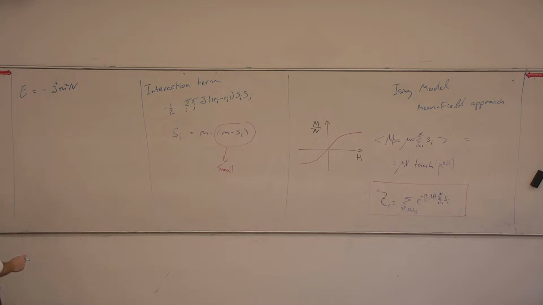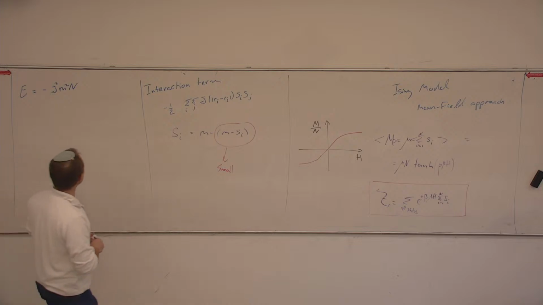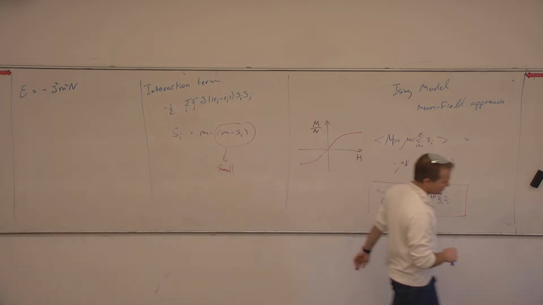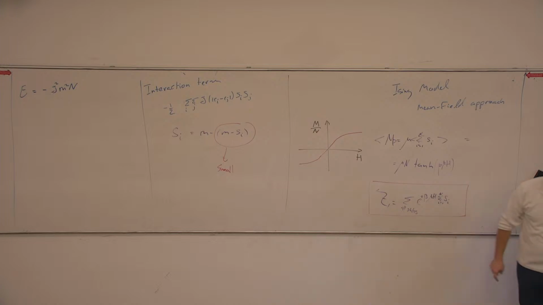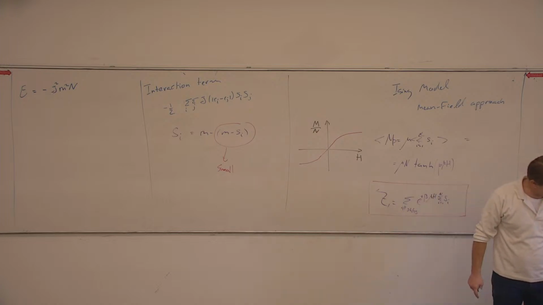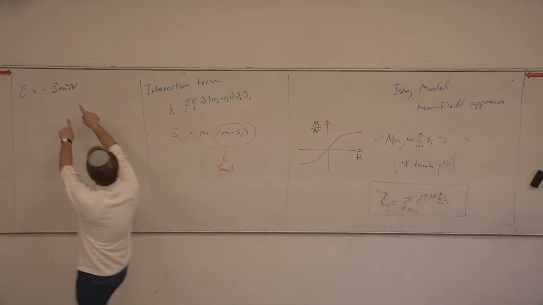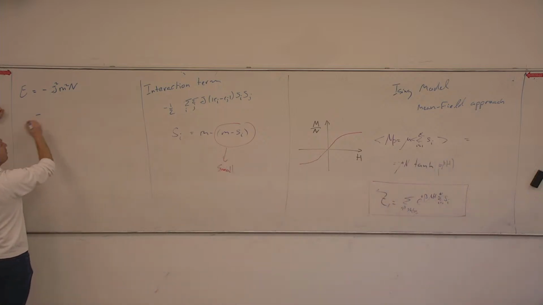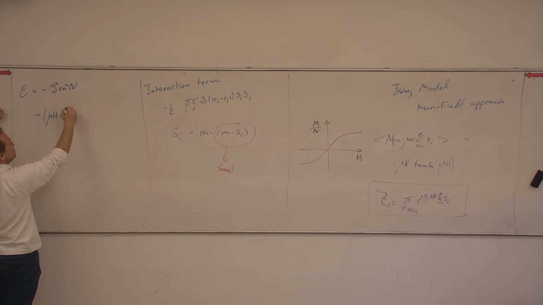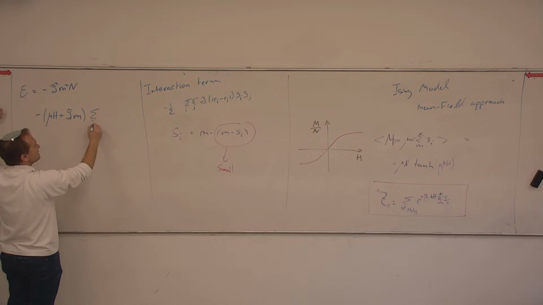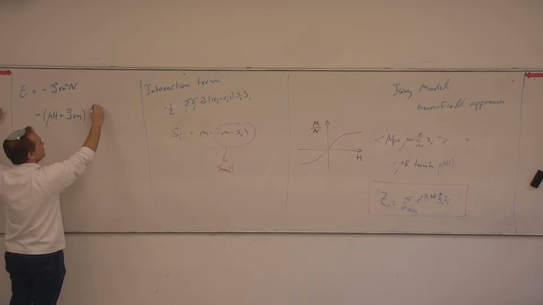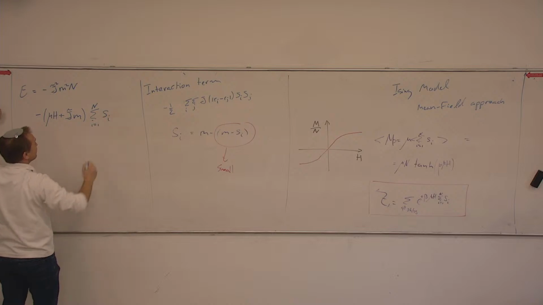So this is the term that we had, minus (mu h plus J tilde m) multiplied by the sum over i from 1 to n of s_i.